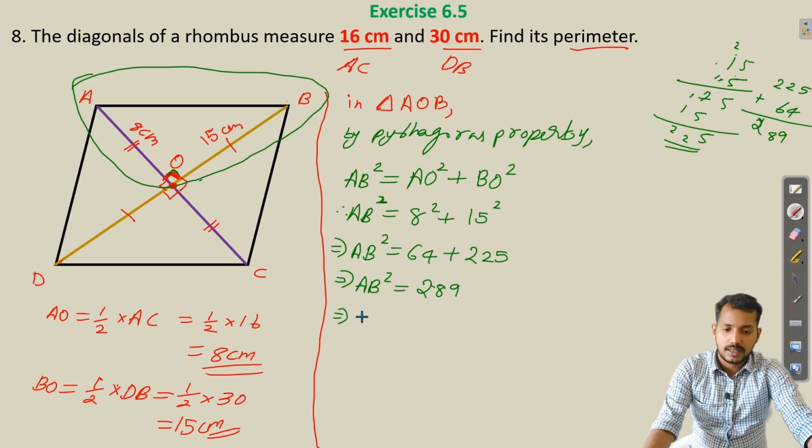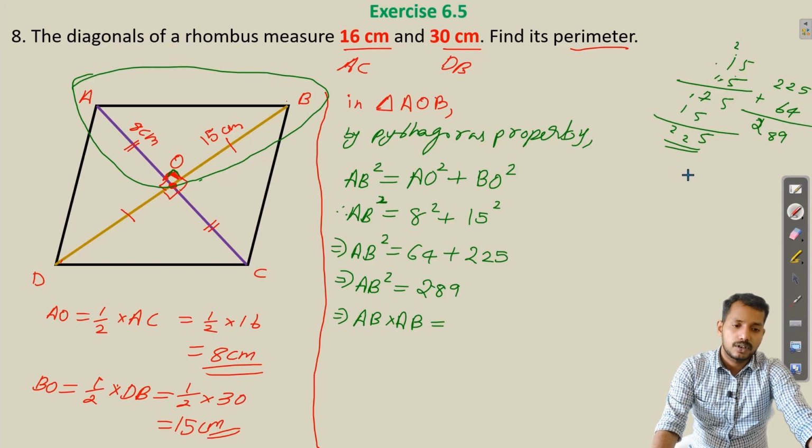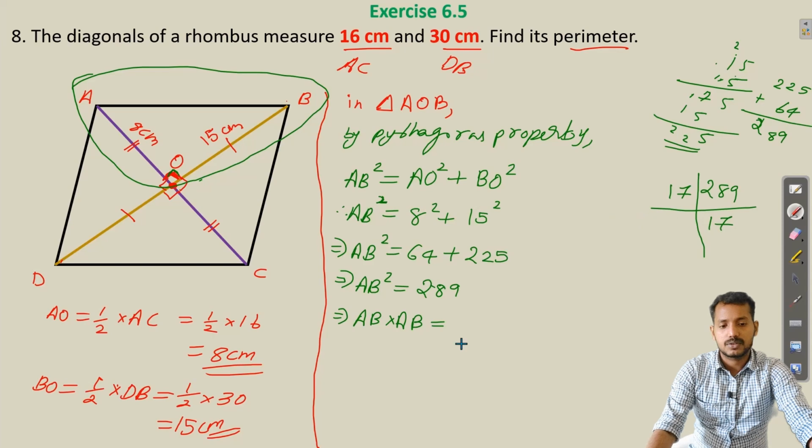That implies AB into AB, the square is AB into AB. AB we have to find. Therefore, factorize this 289. Going by the divisibility of numbers, you can see that this is only divisible by 17. So 289 we can divide as 17 into 17.